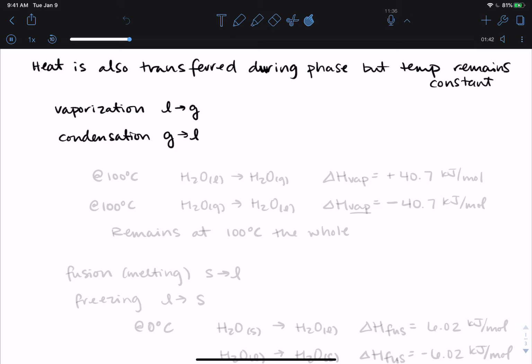You can see that these are the same process but reversed, so they will have the same magnitude of heat transferred, but opposite signs.